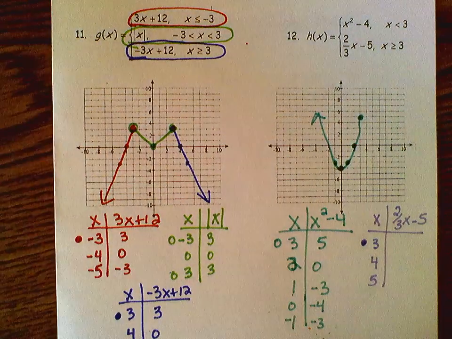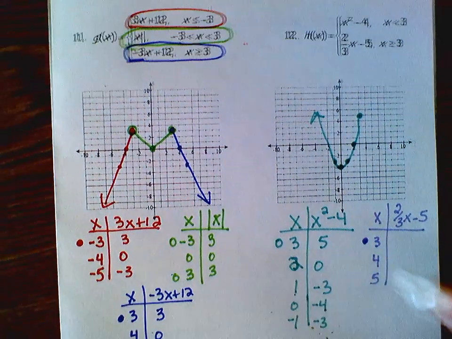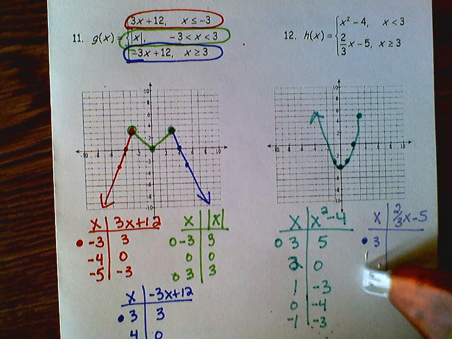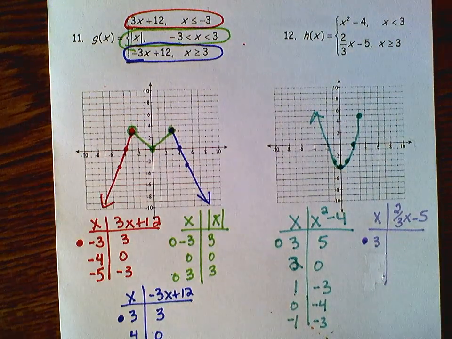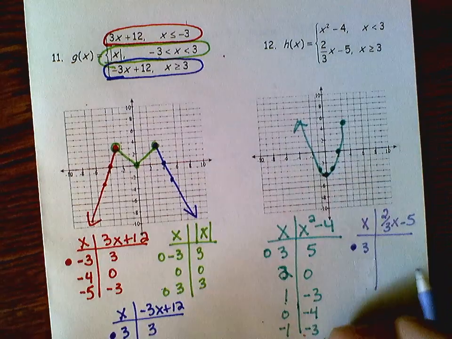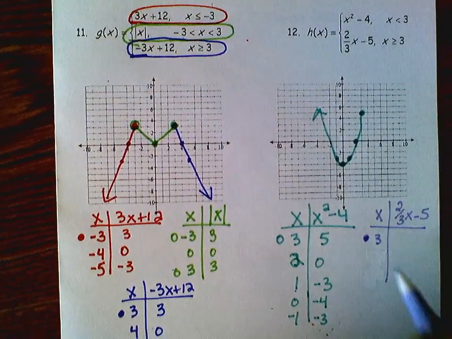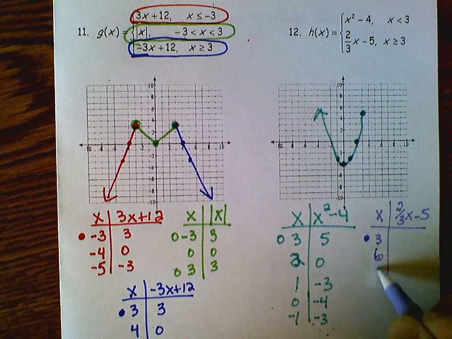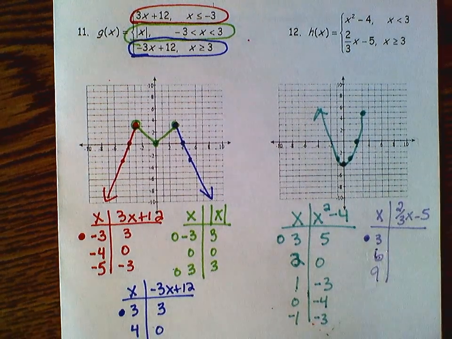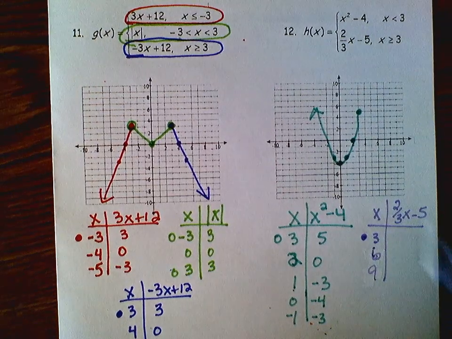So that is what I'm going to do. I'm going to change what I've chosen. You can stick with 4 and 5. You'll just have fractions, and you can graph those. But if I go to 6 and 9, this is going to work out a lot prettier.